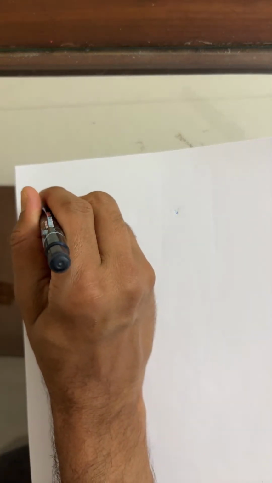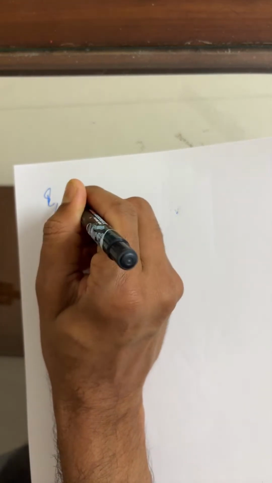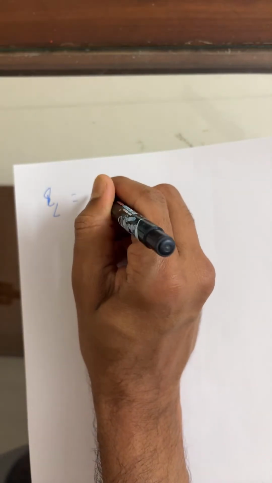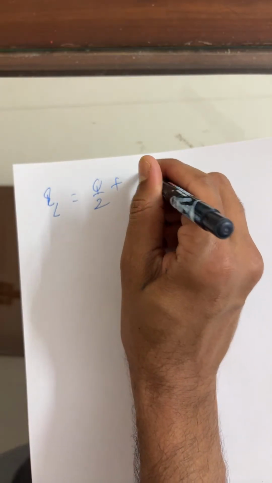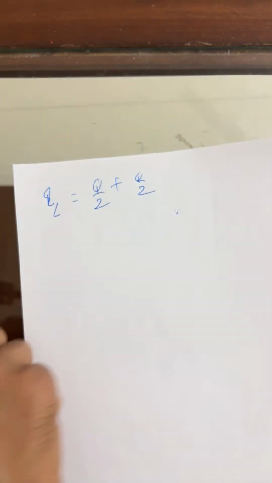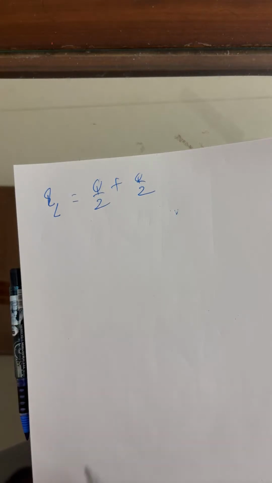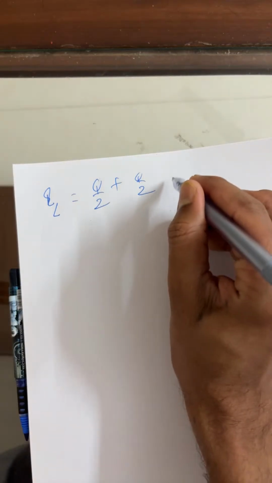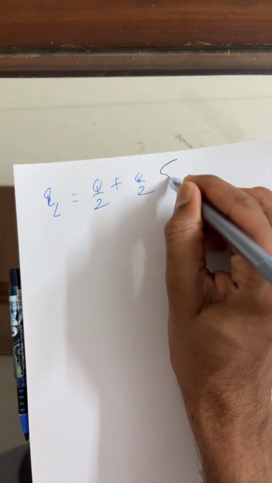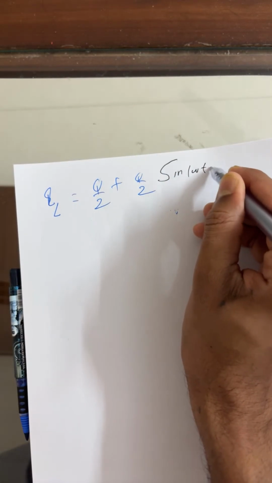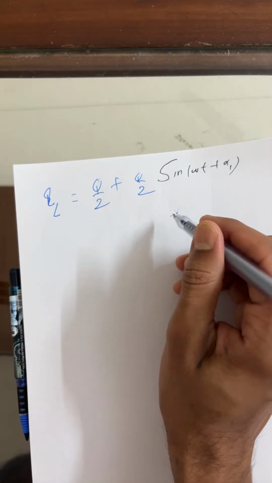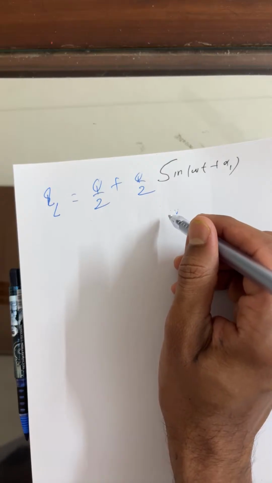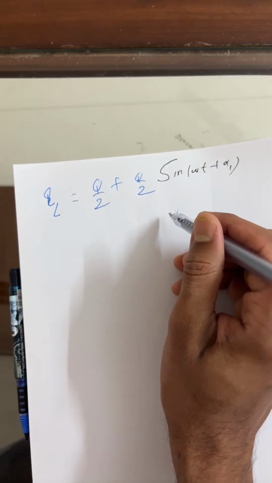So students, charge on inductor is Qi2 plus Qi2 sin omega t plus alpha 1, and sin omega t plus something here, which we can say is cos theta.